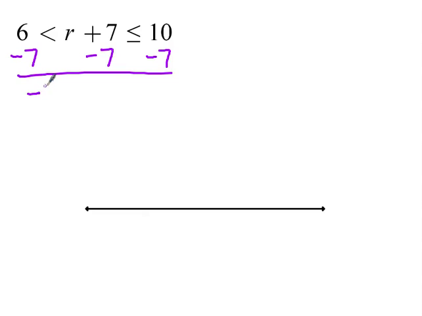So I end up getting negative 1 is less than r is less than 3. So we've got 0. Oh, less than or equal to. Okay, good. There you go. Okay, so I've got 0, -1, and then 3.